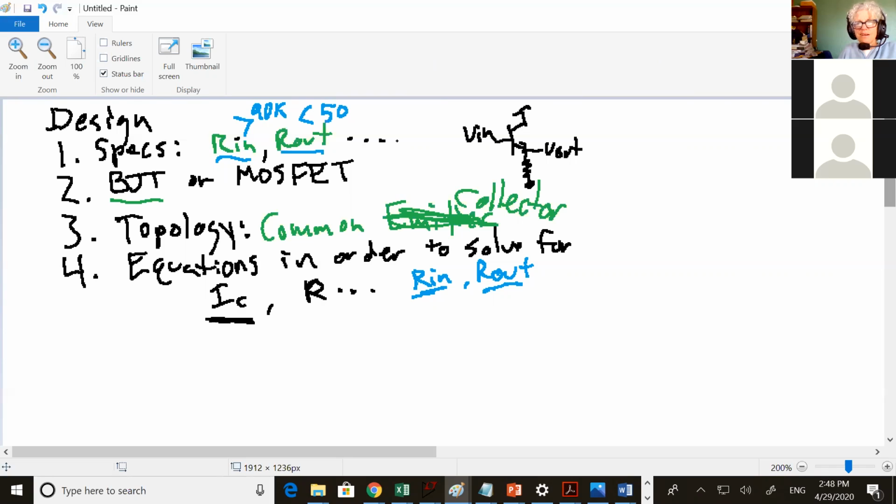Okay. Again, this is a single part of a superposition problem. And when you zero the DC sources, you get weird things. You get things that don't look like any circuit that you would actually build. But trust the model.